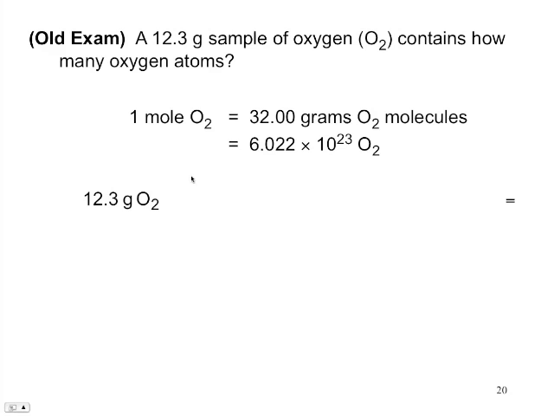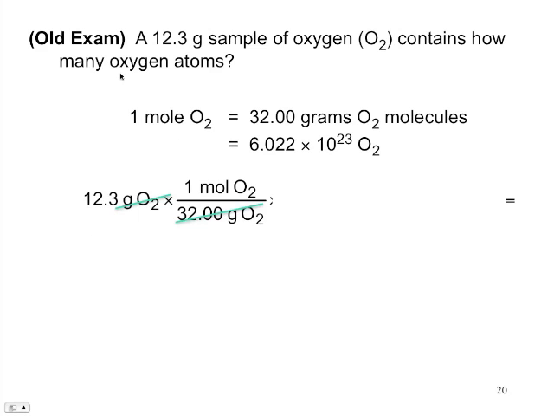So the first thing we need to do is use our molar mass to convert from mass to moles of oxygen molecules. So that's shown here, right? So we put the mass of oxygen on the bottom to allow our units to cancel, and at this point we would have determined the number of moles of oxygen molecules that are present in 12.3 grams.